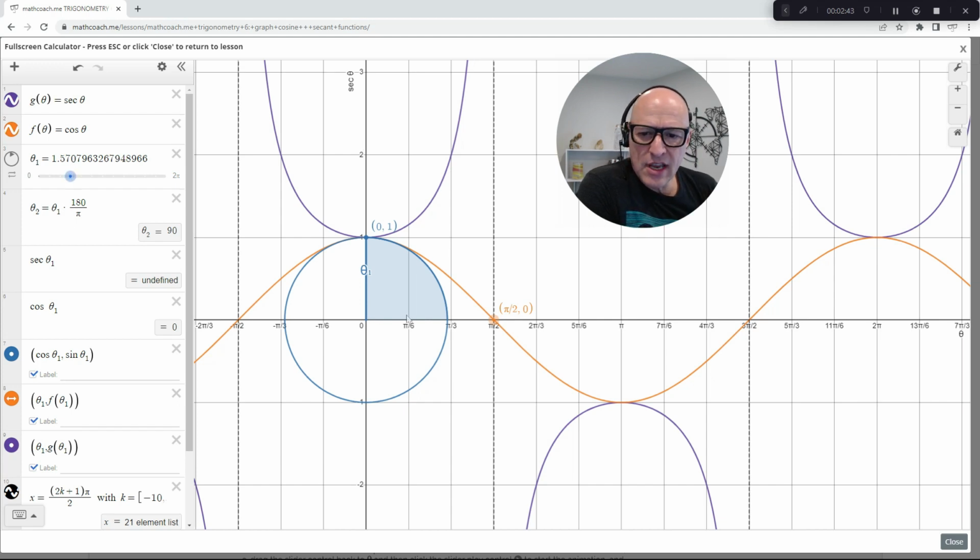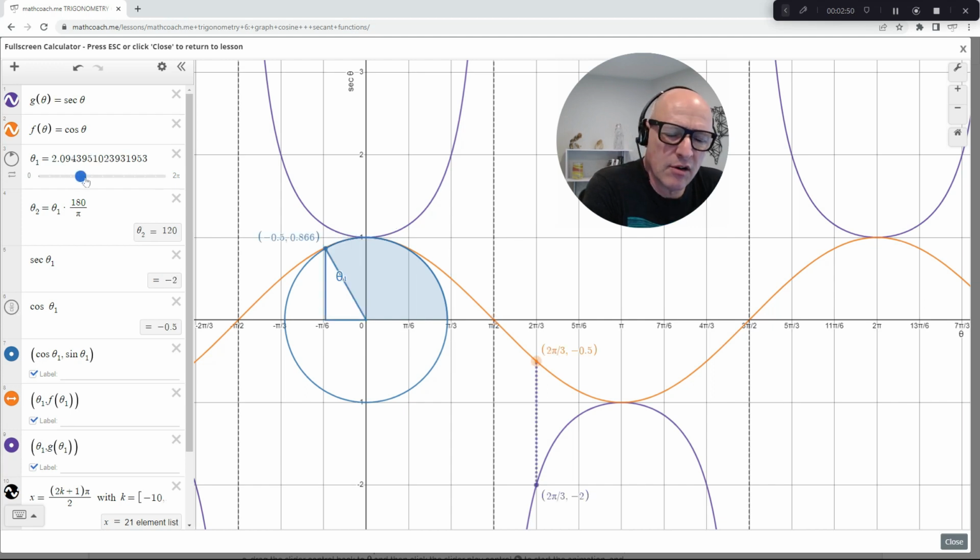On the other side, as we leave quadrant 1 and go into quadrant 2, going in 30-degree increments, at 120 degrees, this is another version of our 60-degree angle. At 120 degrees, our reference angle is 60 degrees, and the cosine of 120 degrees is negative 1/2.